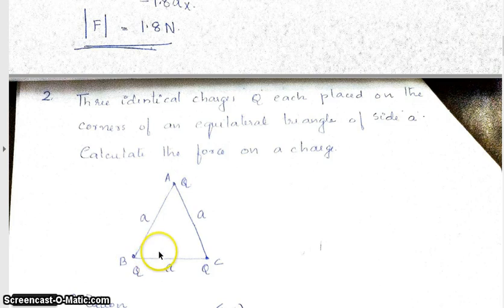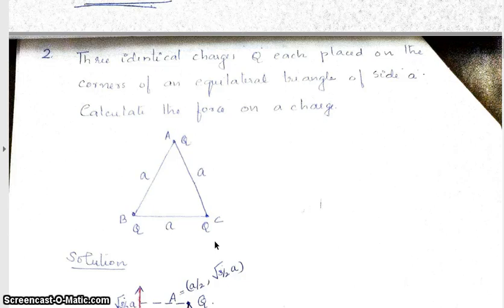So here in this question I am trying to find the force acting on the charge placed on corner A due to the charges placed on B and C. Whatever corner we choose as a reference, it doesn't matter because all the charges have the same magnitude, Q, Q, Q.